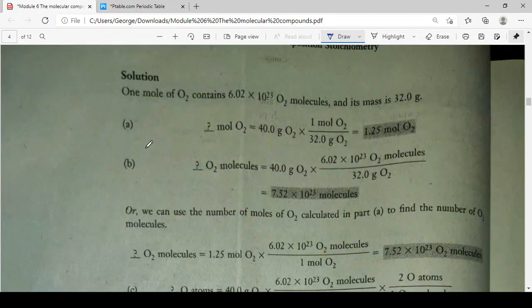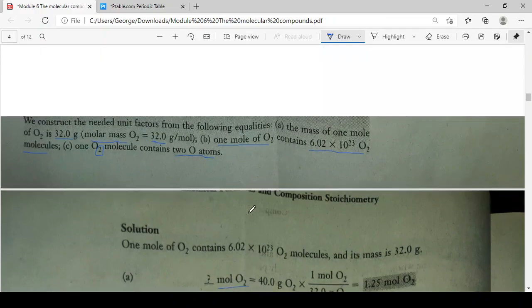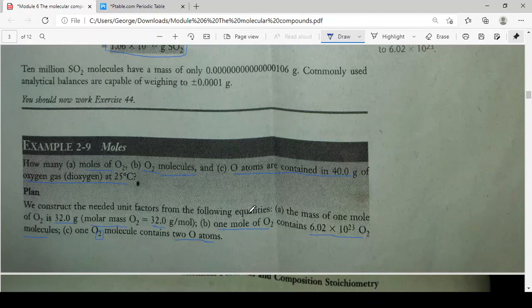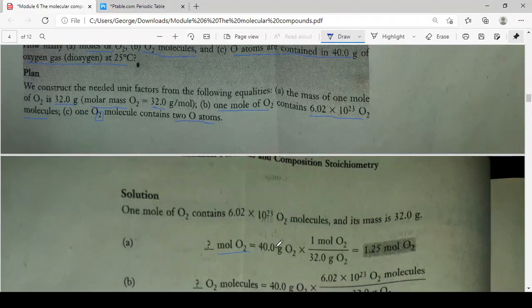First and foremost, kids, if we are finding your moles of O2, what do we do? First, to find your moles of O2, you need to write what is given to us. Check in our problem, it is given 40 grams. Therefore, you write your 40 grams of O2. Next, we are finding your moles of O2. Therefore, moles of O2 goes on top. Usually, what we are finding goes on top.